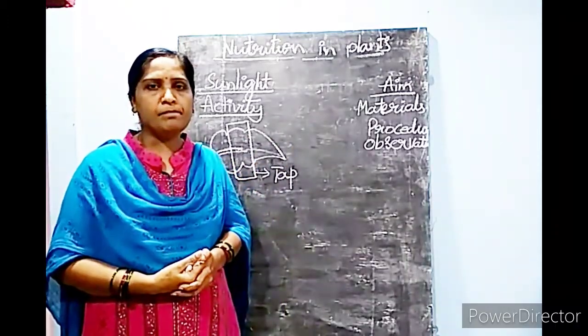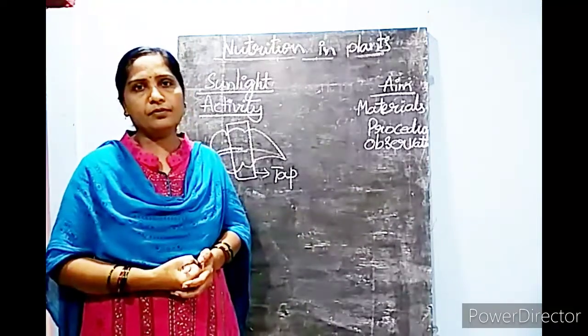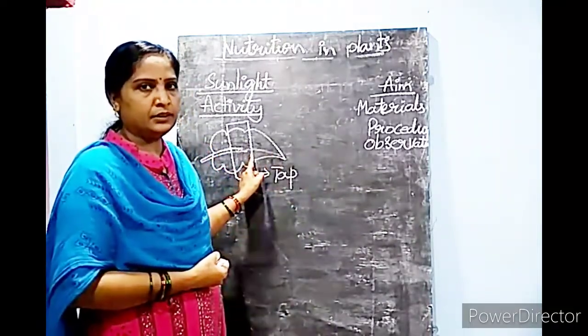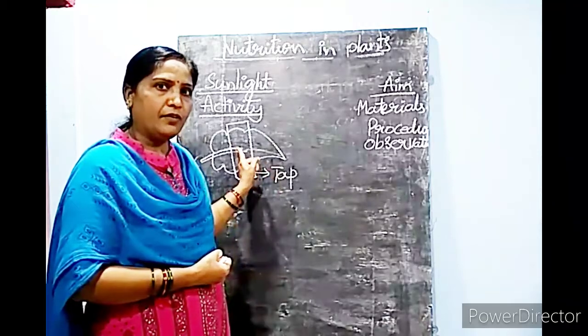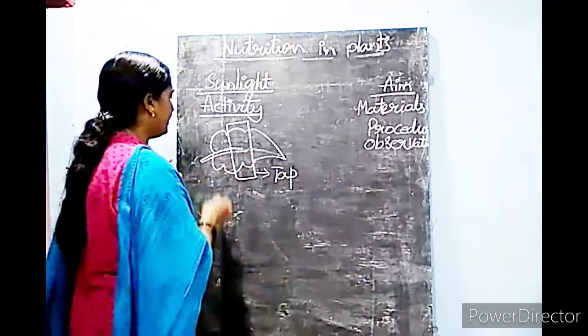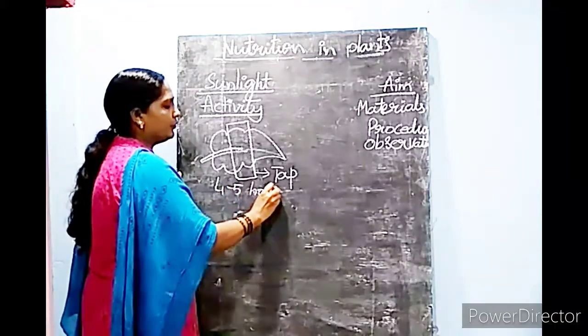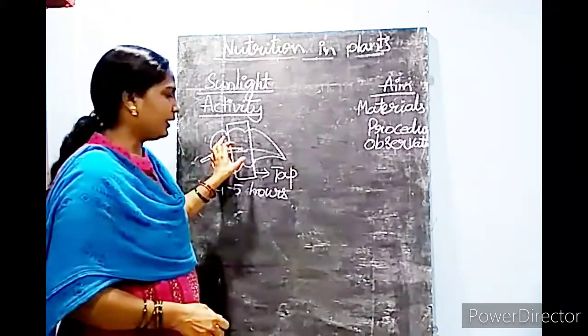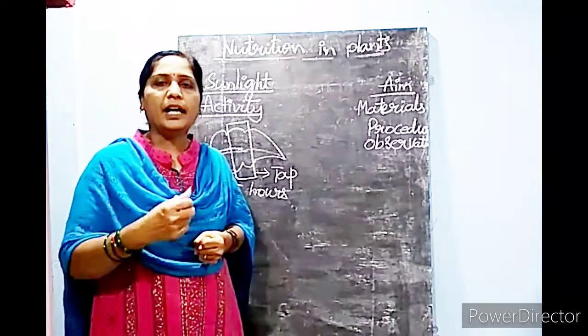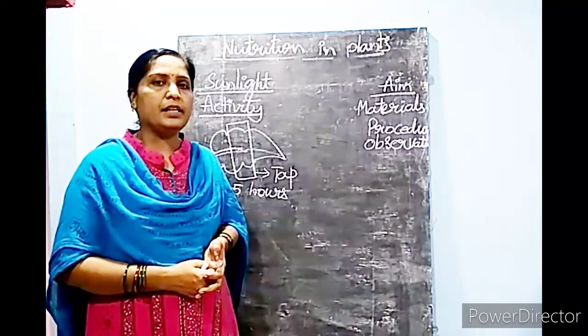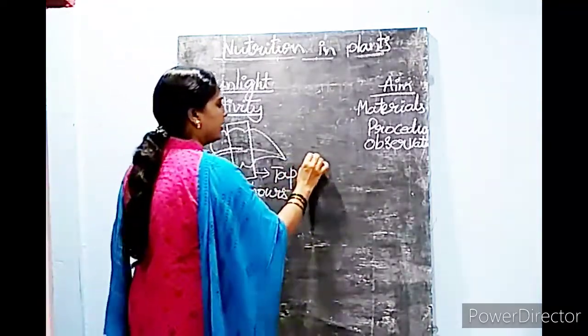And then pluck that leaf after tying the black color tape. After 4 to 5 hours, let it be like that under the sunlight. After 4 to 5 hours, you pluck this leaf and bring it inside and do a test for starch.